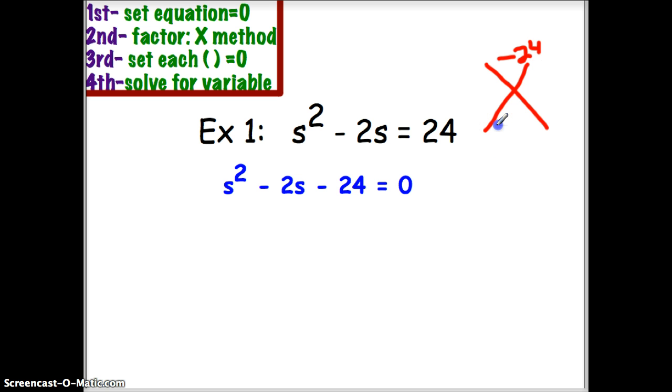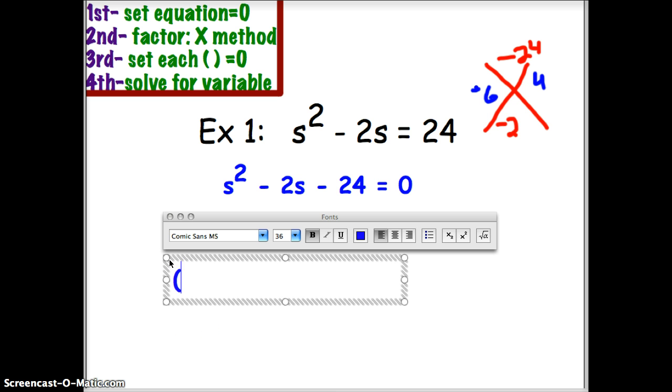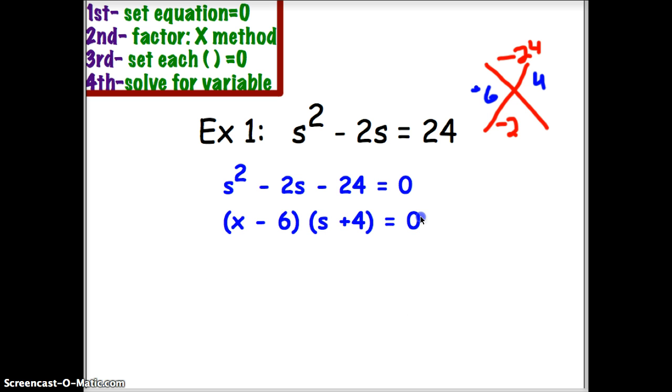That would end up being negative 6 and positive 4. So what we can do for that, we can type that in as s minus 6 times s plus 4. And that's still going to equal 0.